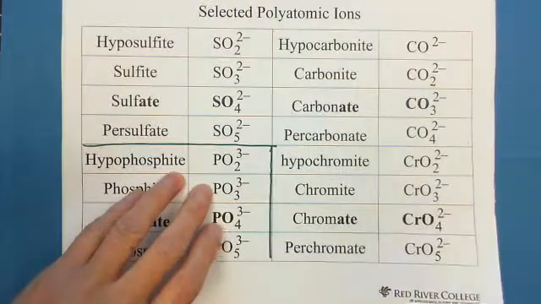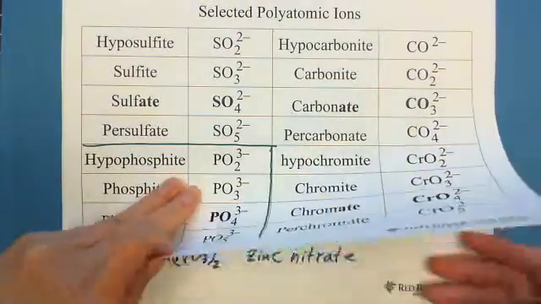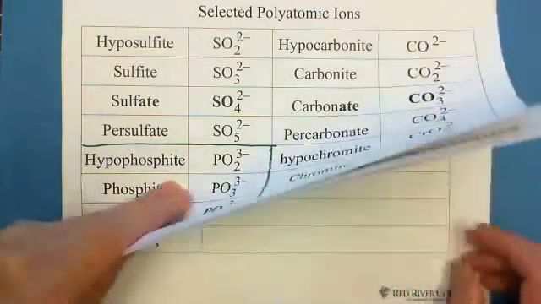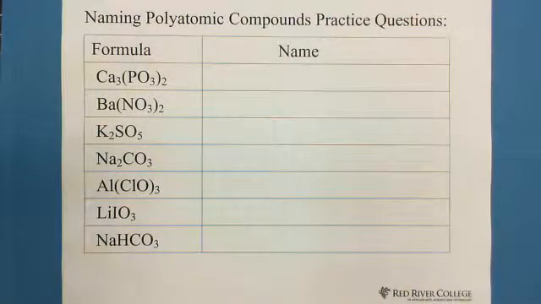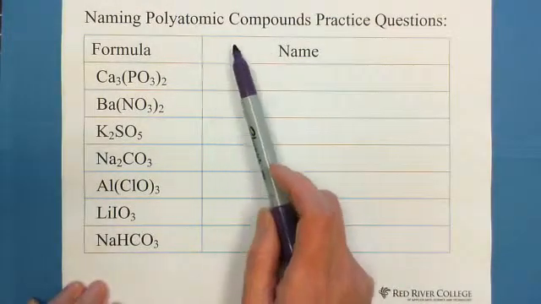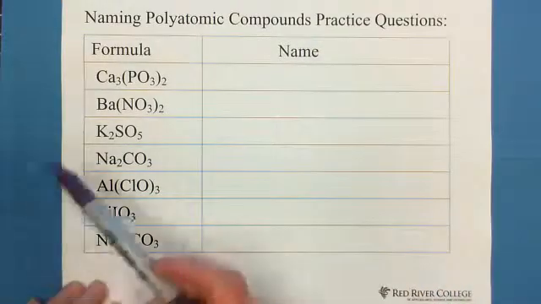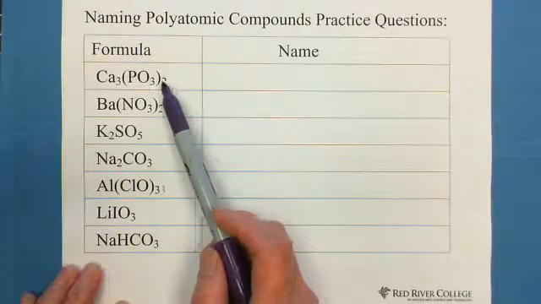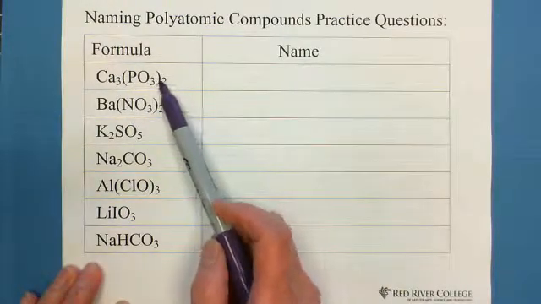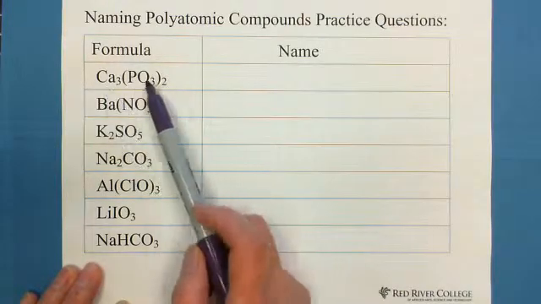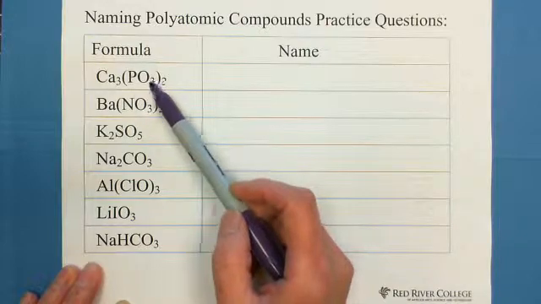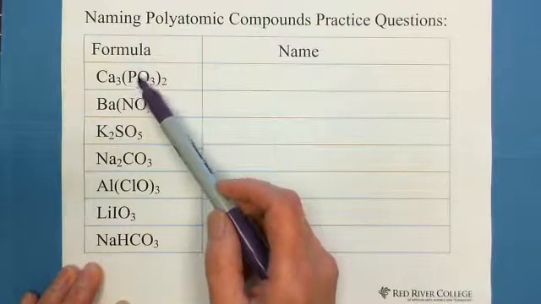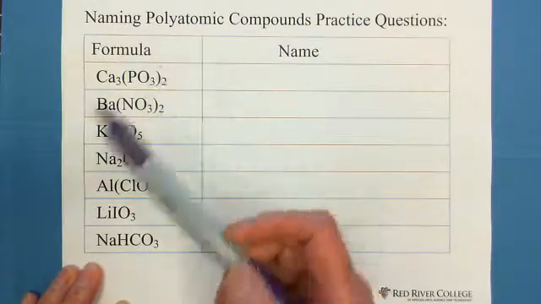Now let's try some questions. Practice question, naming polyatomic compounds. First one, Ca3(PO3)2. As we said, we don't need to worry about the outside 2. It is related to balancing the formula. Inside, we look at PO3, then go to the periodic table of ions to find the name.